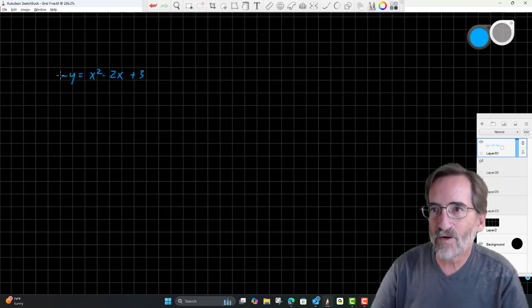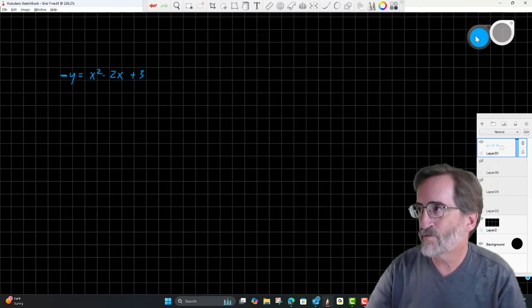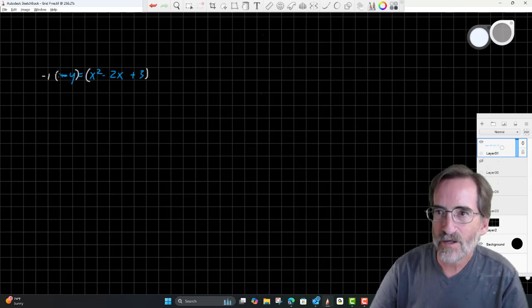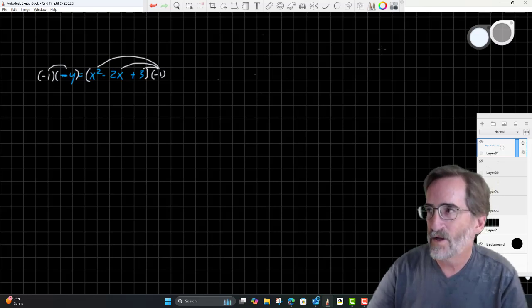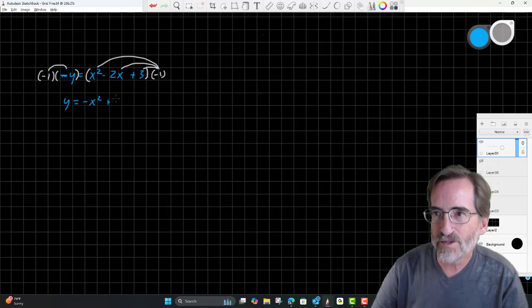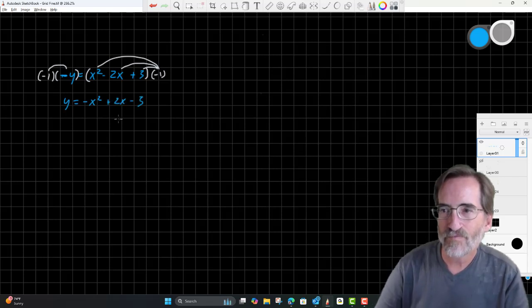Basically, to get rid of the negative on the y, think of multiplying through by a -1. In reality, what it ends up doing is changing all the signs. Negative y becomes positive y. x squared becomes negative x squared. Negative 2x becomes 2x. 3 becomes -3. So the resulting function is actually y = -x squared plus 2x minus 3.